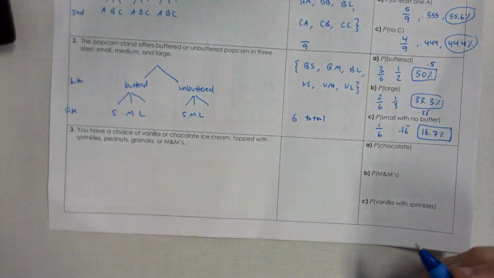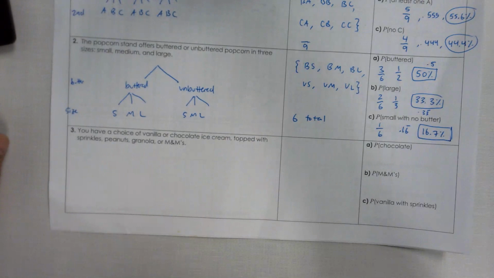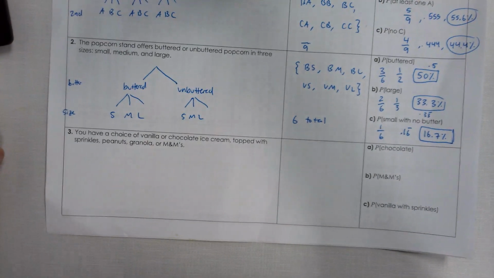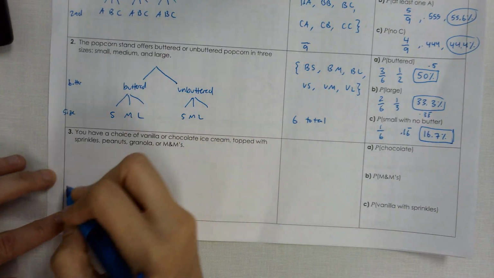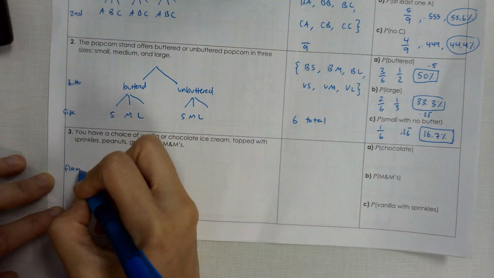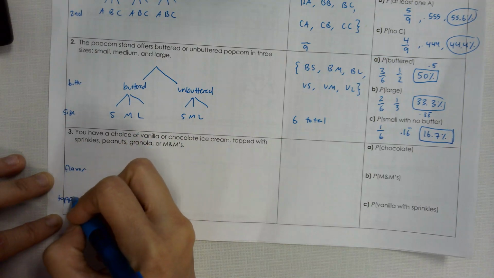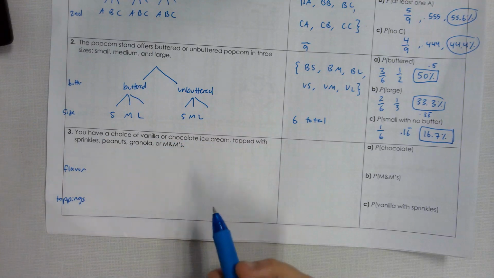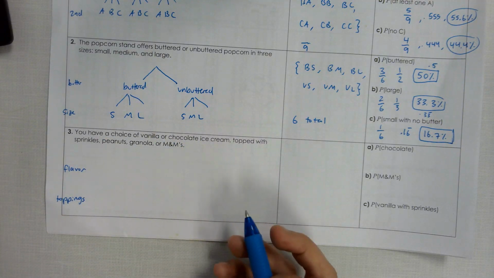All right, you have a choice of vanilla or chocolate ice cream topped with sprinkles, peanuts, granola, or M&Ms. So we have flavor and toppings. We're going to assume that you can only get one topping in this problem.